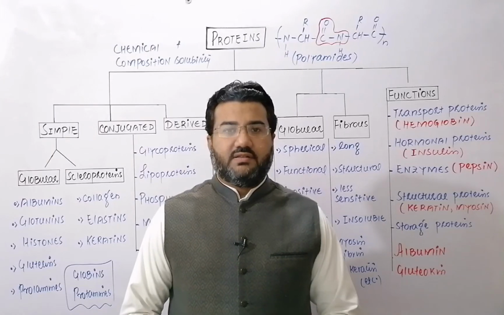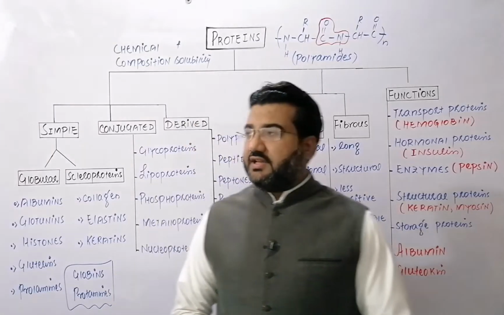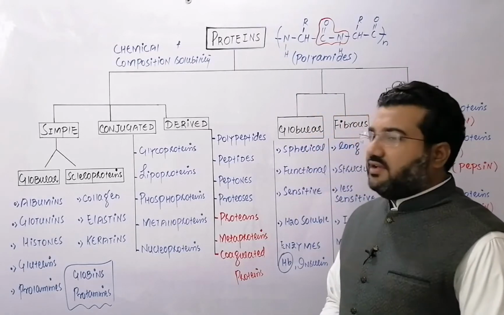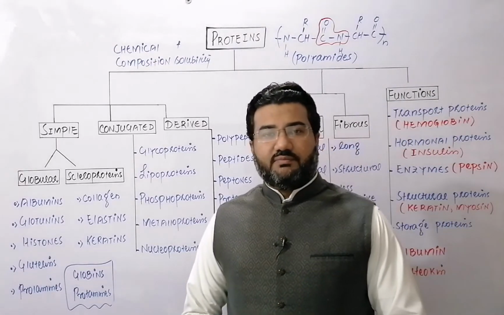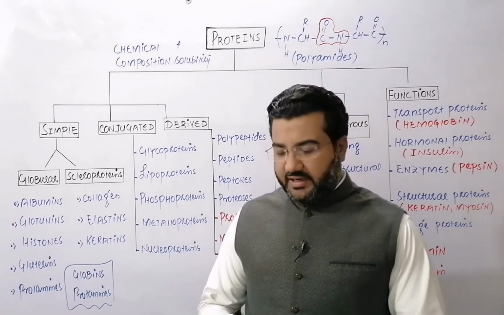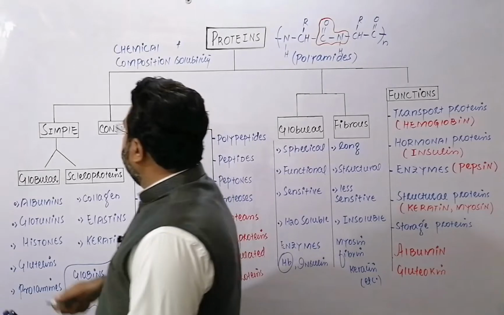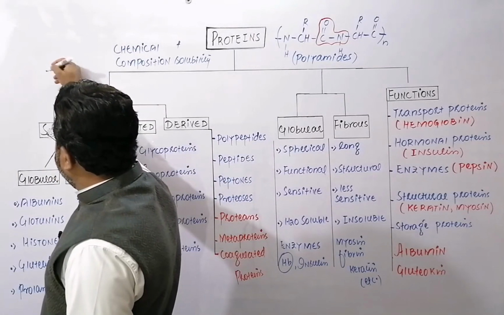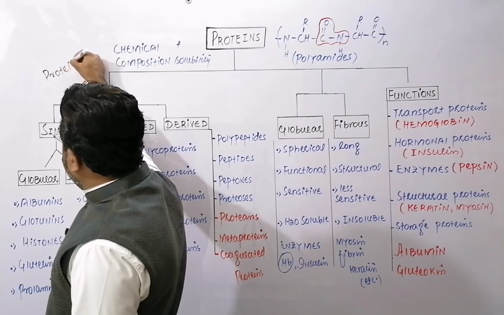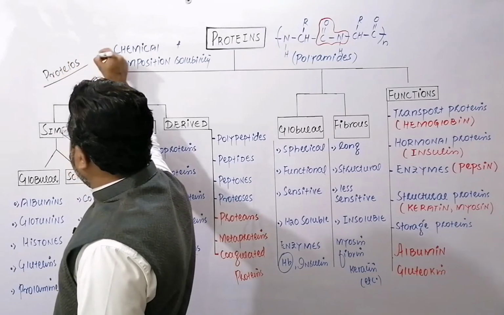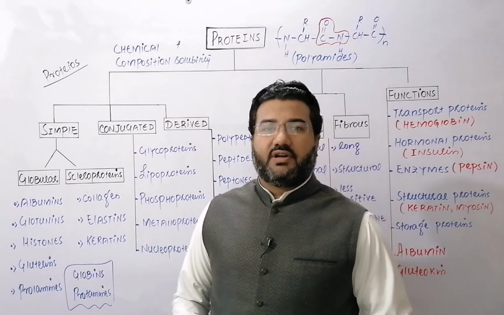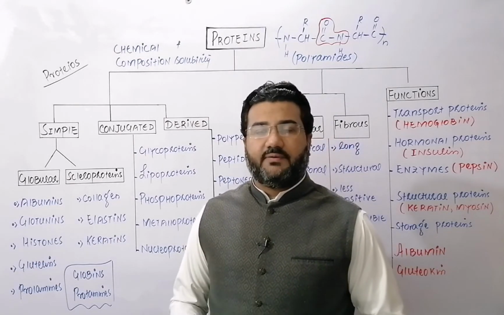Welcome, dear students. The topic of discussion is the classification of proteins. My dear students, the word protein is basically derived from the Greek word proteos, and the word proteos means prime important, very important.